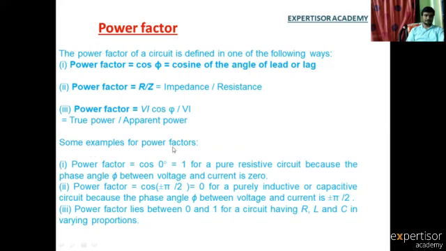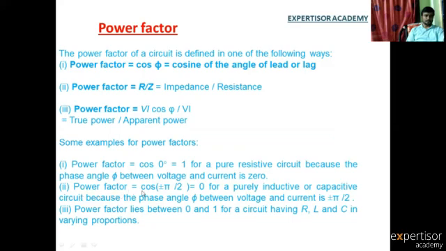Next, some examples for power factor. Power factor is equal to cos 0 degree, that is equal to 1 for a pure resistive circuit, because the phase angle phi between voltage and current is 0.